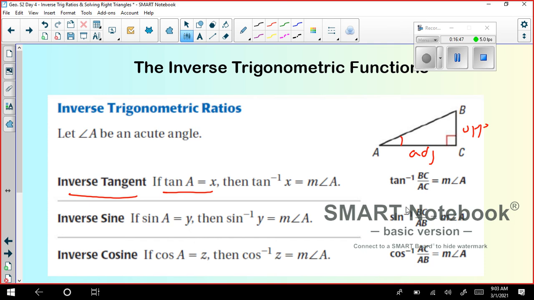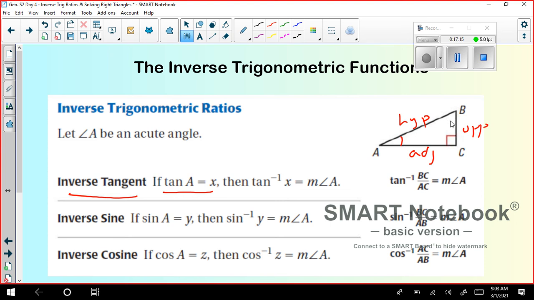Same with sine inverse of opposite over hypotenuse, you'll get the same angle. And cos inverse of adjacent over hypotenuse, that is AC over AB, will give you the measure of angle A. I'm writing all these opposite and adjacent with reference to this particular angle.